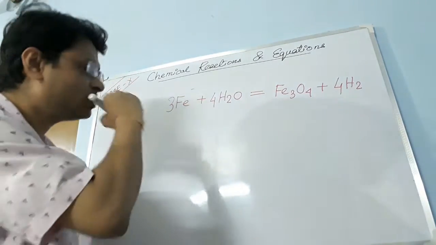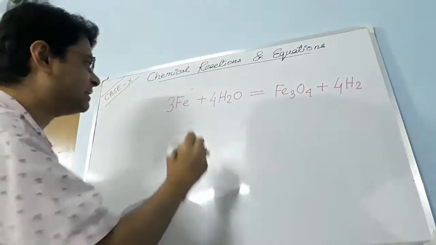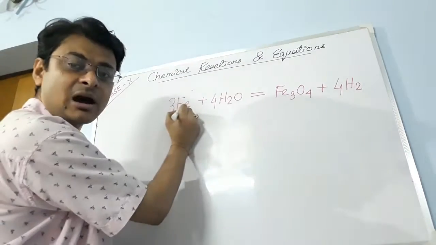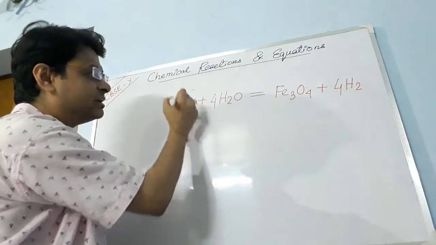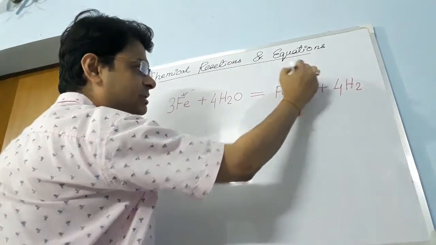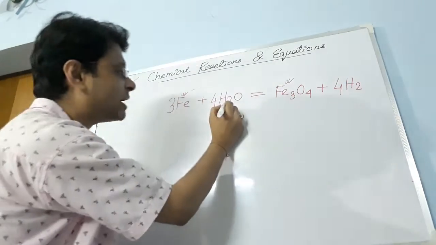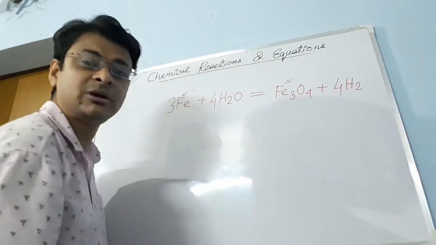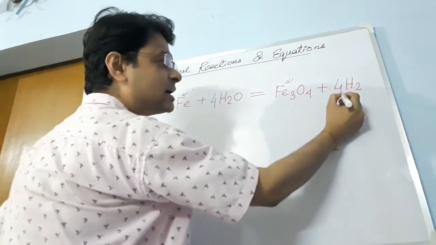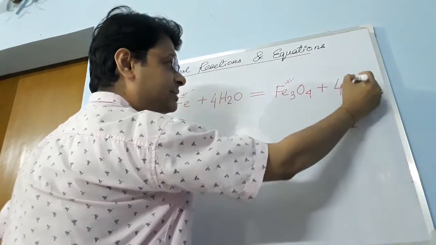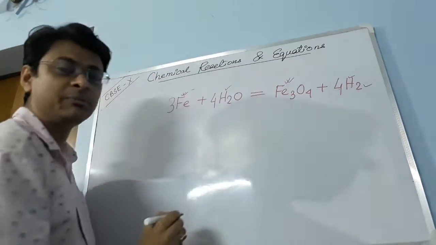Now how do we balance it? We do it like this. Suppose iron, how many iron atoms are there in the left hand side? 3. In the right hand side it has to be 3. Okay, then we come to hydrogen atoms. How many hydrogen atoms are there? 4 into 2, 8. See, in the product side, 4 into 2, 8. Now we come to oxygen.